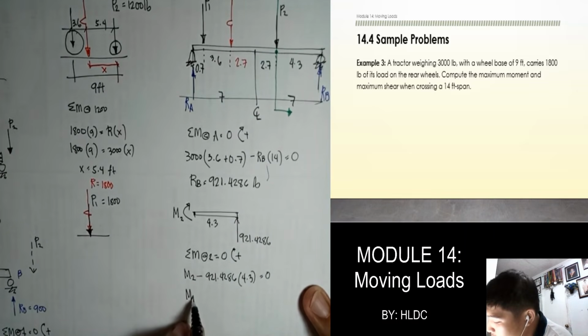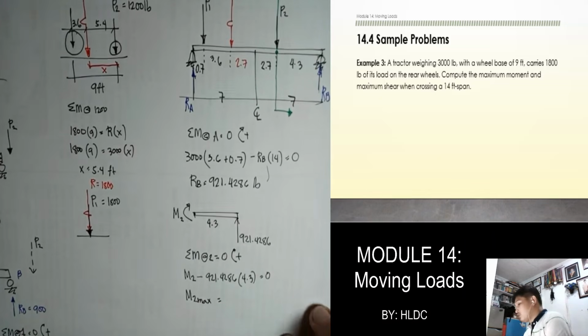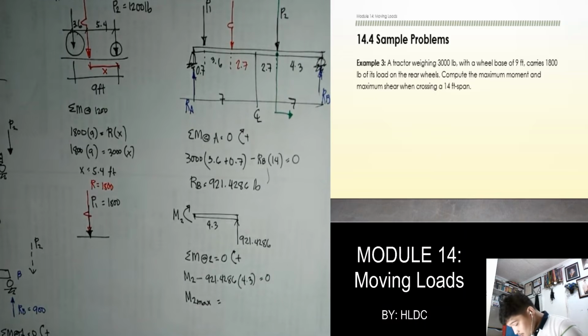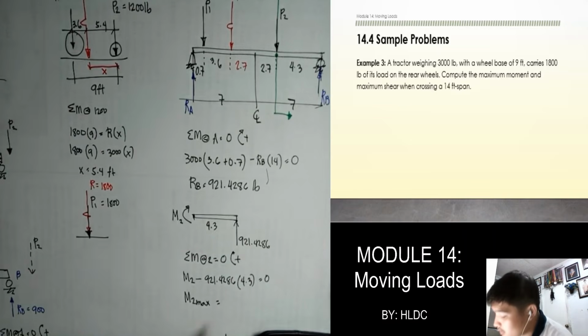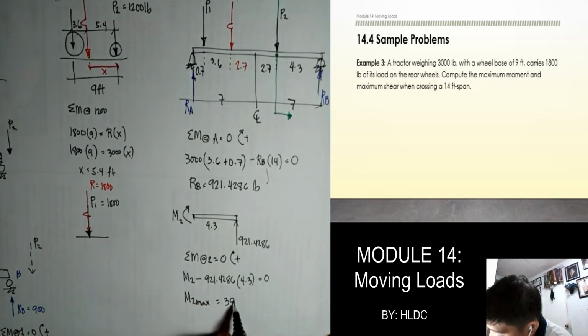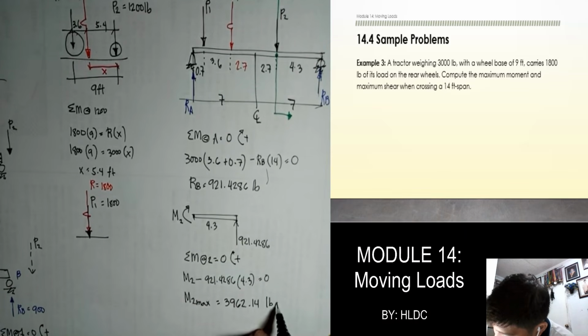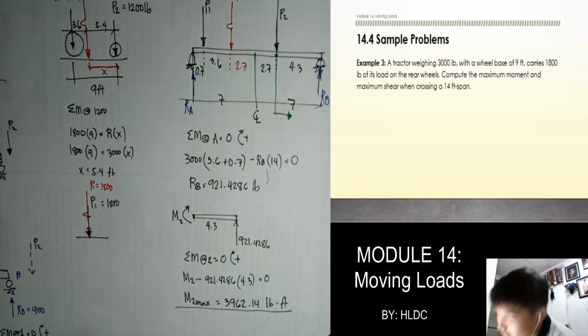So, solving for M2, which is now, siya ngayon yung maximum possible value ng M2. So, ilan yan, class? Okay, so sagot is 3962.14. The unit is pound foot.